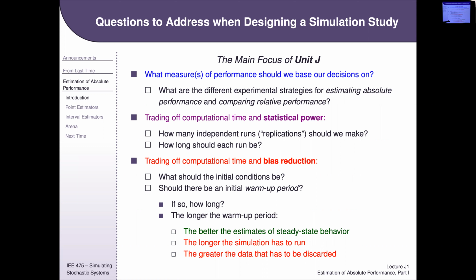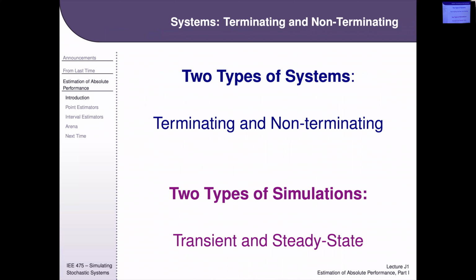So there's going to be a trade-off between the amount of time wasted not collecting data and the bias reduction. The more time we throw into bias reduction, the less time we get to actually collect data, and vice versa. So we need to figure out how to manage that trade-off. Really, this whole section is about the trade-offs needed when making practical decisions in simulations.